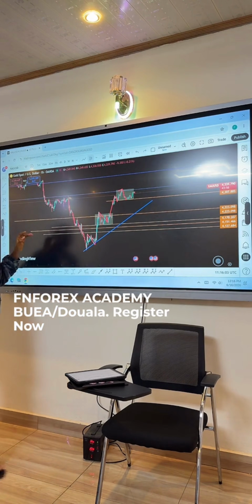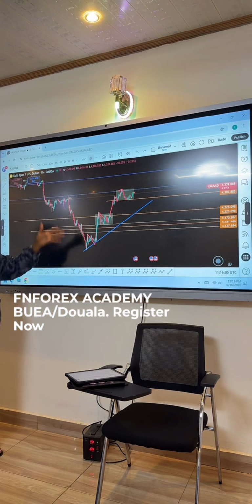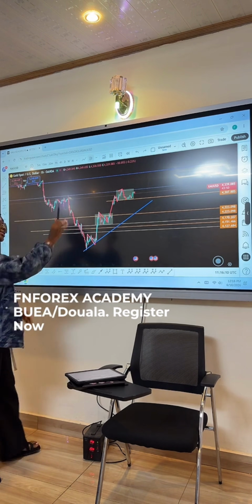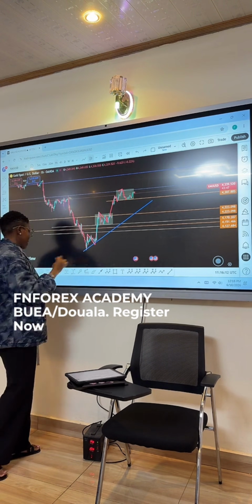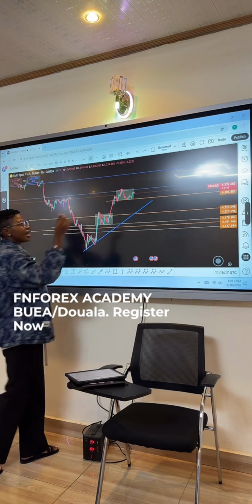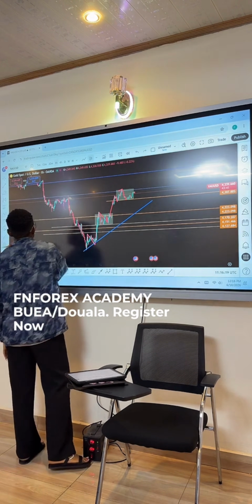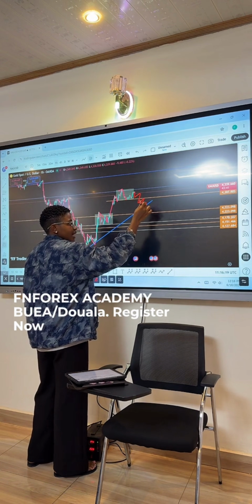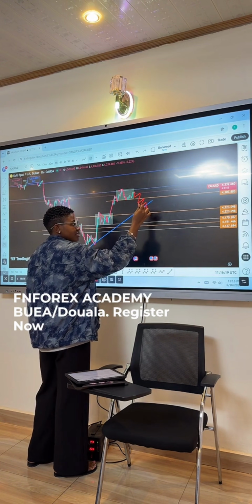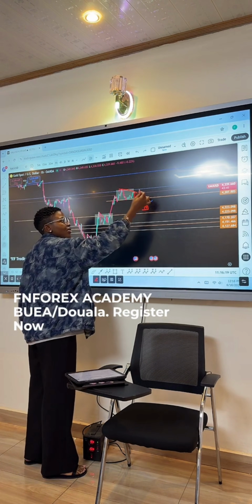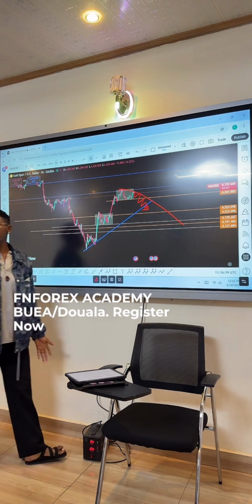We saw the uptrend. Even on the 1 hour, it's still an uptrend. But this particular trend line will only be considered broken if it sells like this and breaks here with the body closing below here. It means trend has changed. It means it is now trying to form the down trend. That's it. But as of now, gold is still in an uptrend.